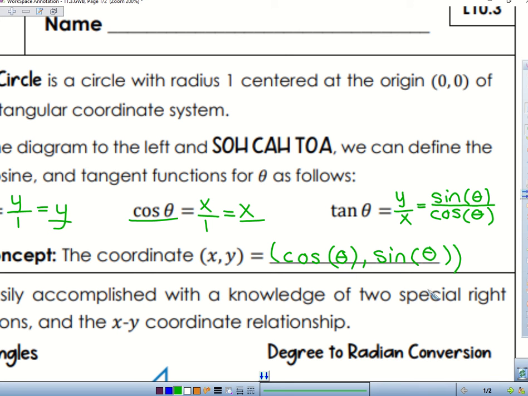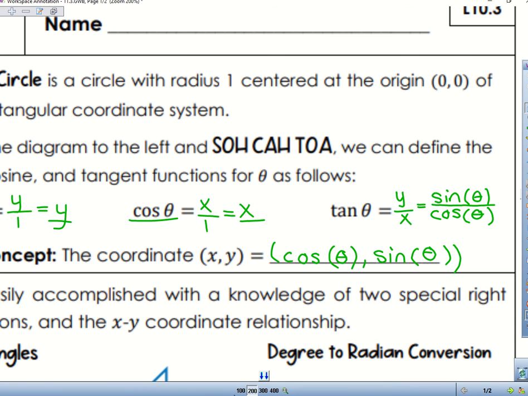So that's the relationship between sine and cosine in the coordinate plane. So cosine is always x, sine is always y. You need to know that indefinitely. And if you ever forget, isn't it true that cosine comes before sine in the alphabet? And x comes before y in the alphabet. So that's the way to remember it.